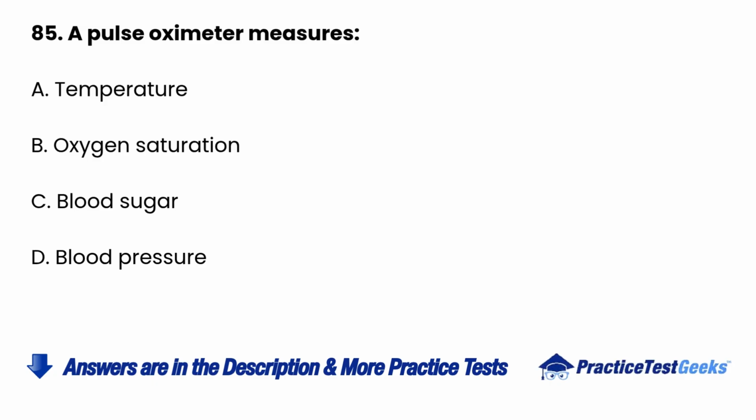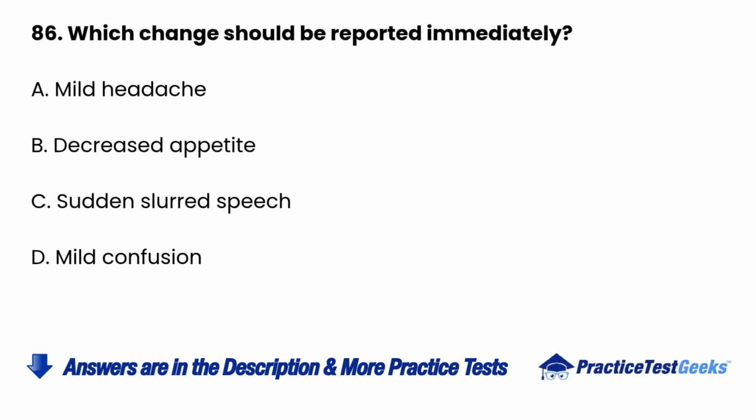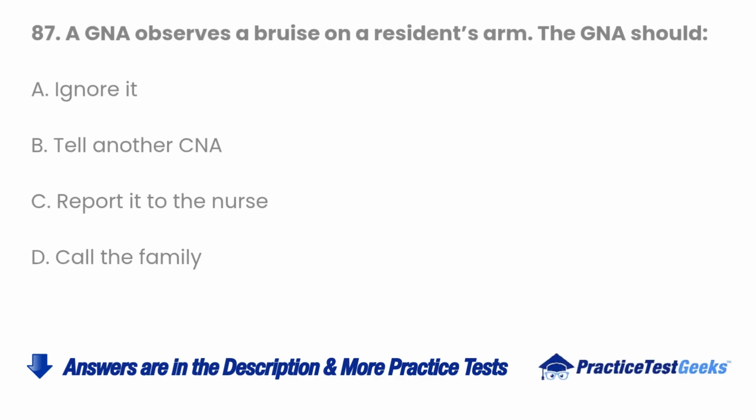B. Oxygen saturation. C. Blood sugar. D. Blood pressure. 86. Which change should be reported immediately? A. Mild headache. B. Decreased appetite. C. Sudden slurred speech. D. Mild confusion.